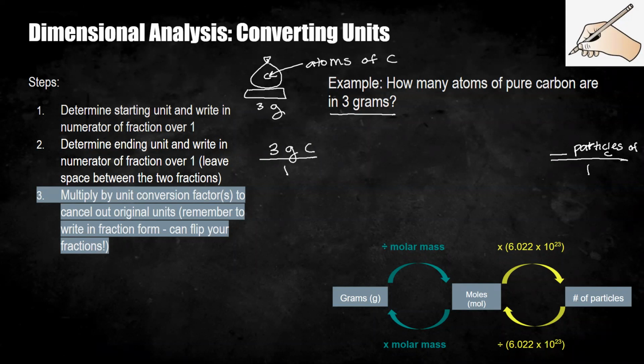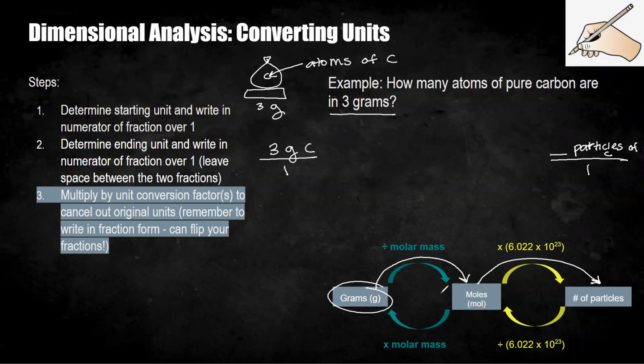So in this first example, we are actually making 2 hops here. We are starting with grams and we need to get all the way over to number of particles. So I need to make a little pit stop at moles. First, I need to convert from grams to moles, and I'm going to use the molar mass of carbon to do so.